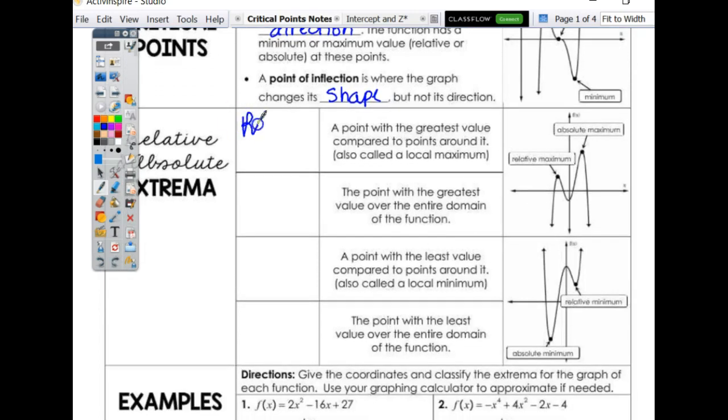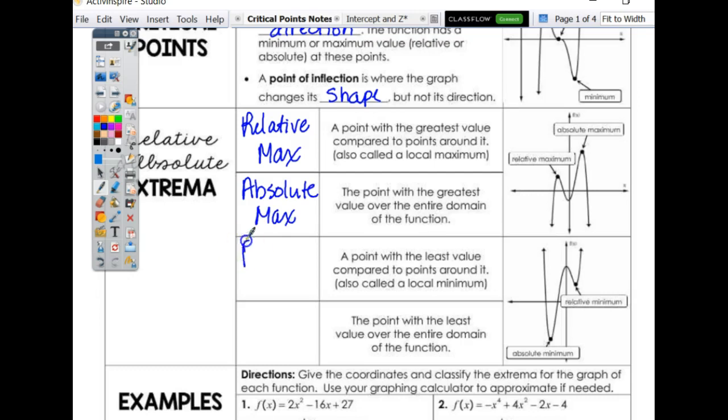A relative maximum is a point with the greatest value compared to the points around it. An absolute maximum is the point with the greatest value over the whole graph.